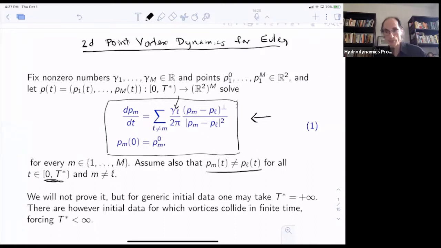For example, if all the gammas are positive, or if there's no subset of the constants gamma_l that sums to 0, then you can never have a collision. Okay, so this is my assumption: I have a solution to the ODE and no collisions for some time interval.